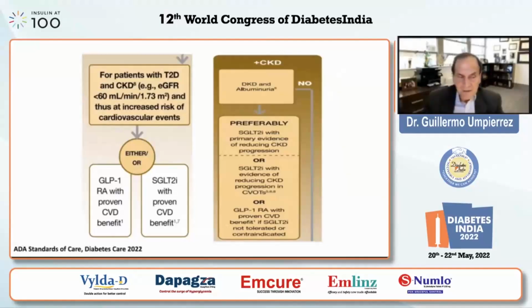So these are the recommendations of the American Diabetes Association Standards of Care published in January of 2022. Anybody who has cardiovascular risk factors, anybody who has a GFR less than 60, you should consider using a GLP-1 receptor agonist, or you should consider using an SGLT2, either one.